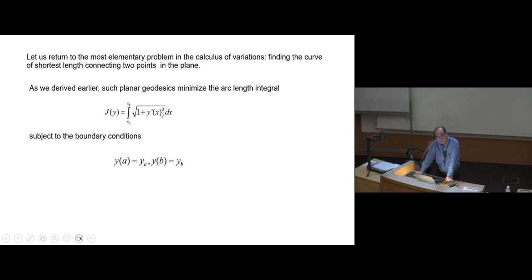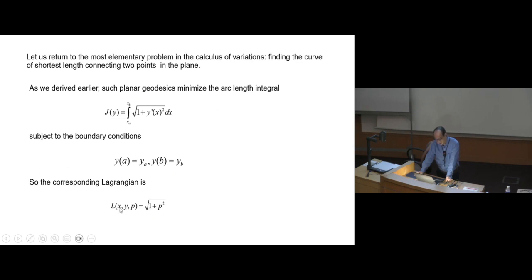Now we want to apply the Euler-Lagrange equation to this problem. So let's see how we're going to apply that. This integral is a function of x, y, and y dot. Actually, it does not depend on x and y, only on y dot. The corresponding Lagrangian is L of x, y, p.